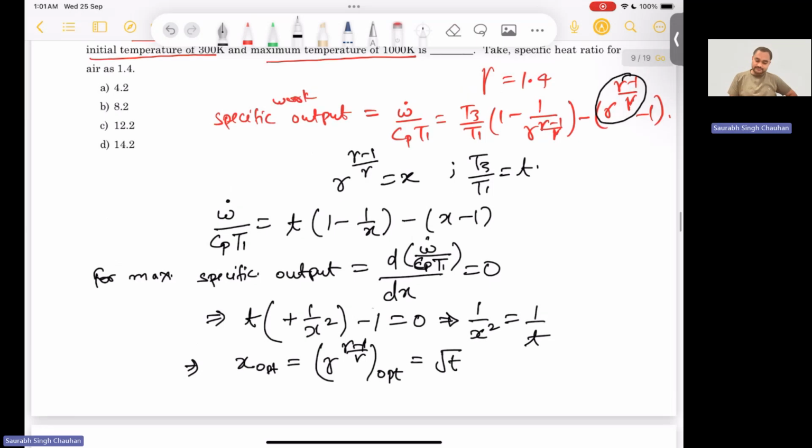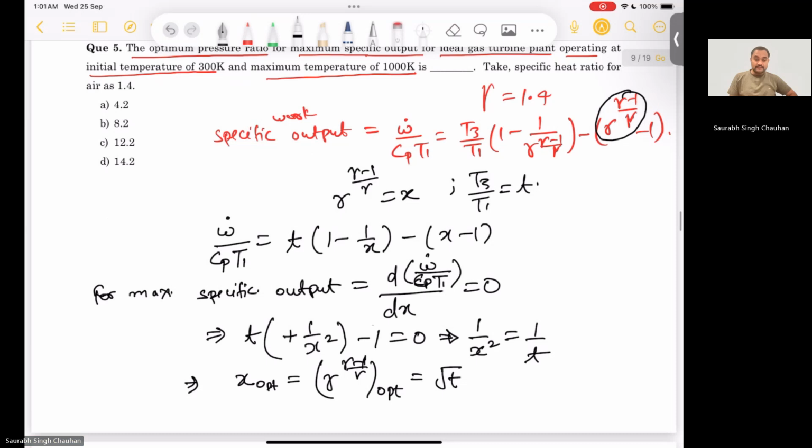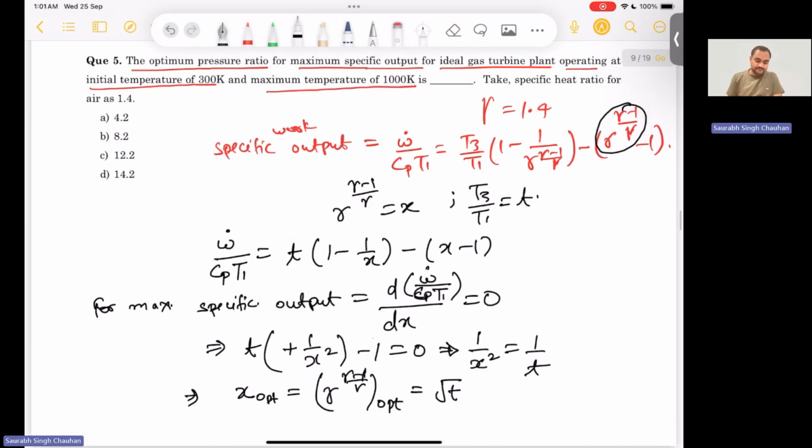So this is our relation for optimum pressure ratio. And t is defined as T3 by T1. Okay, so T3 is the temperature at outlet of combustion chamber, and T1 is the inlet temperature.